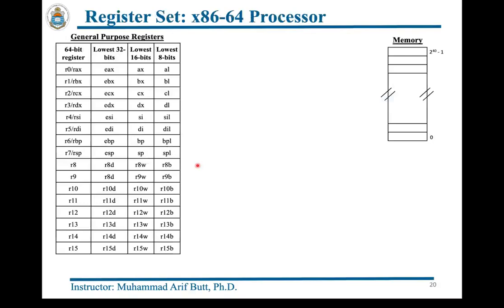Okay, so this is the register set of the x86 64 microprocessor, for which we have been setting the stage, right. Note the size of the general purpose registers is increased to 64 bits now, and the count has also increased to 16.